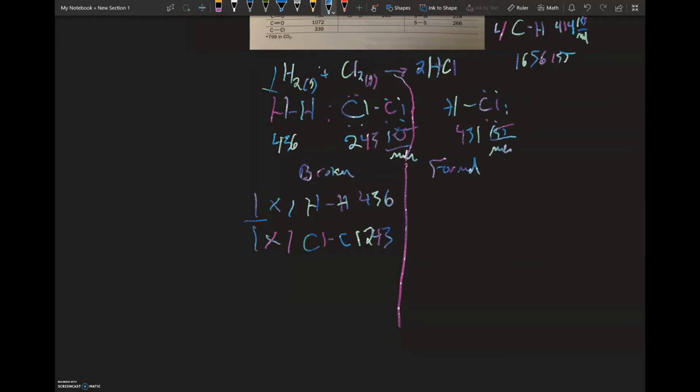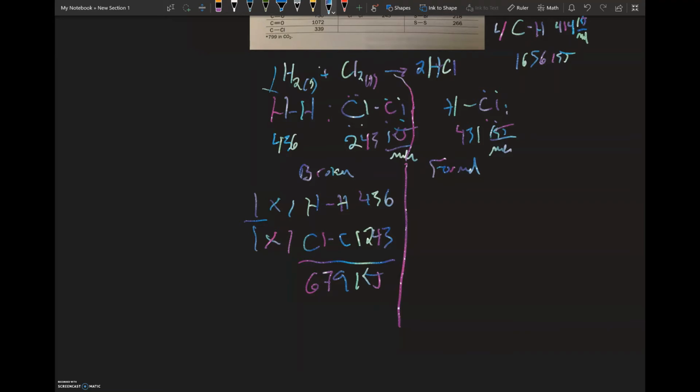So we're going to multiply across, and then we're going to add those together. So we're going to have 436 plus 243. That gives me a total value of 679 kilojoules. Now that's on the left side.